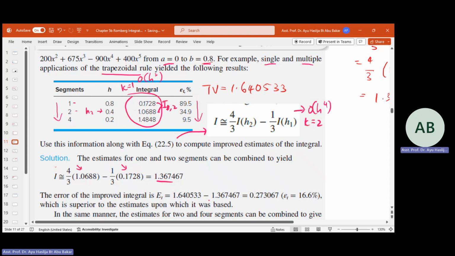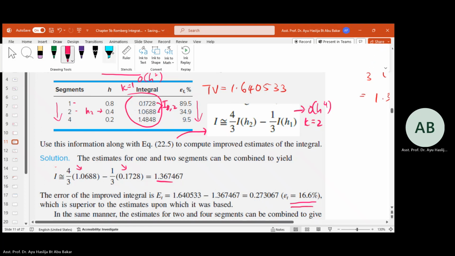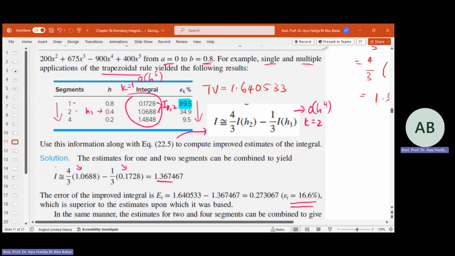From the error percentage at level K2, level OH4, you see the percentage reduced to 16.6. In comparison, this one goes horizontally.